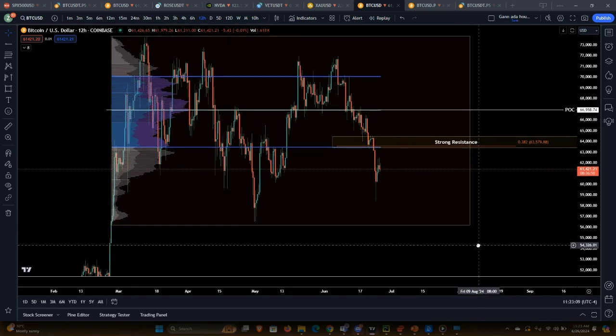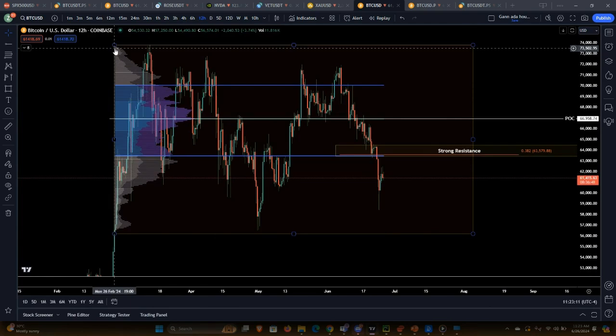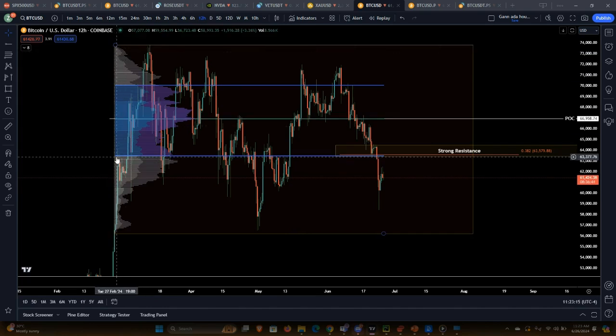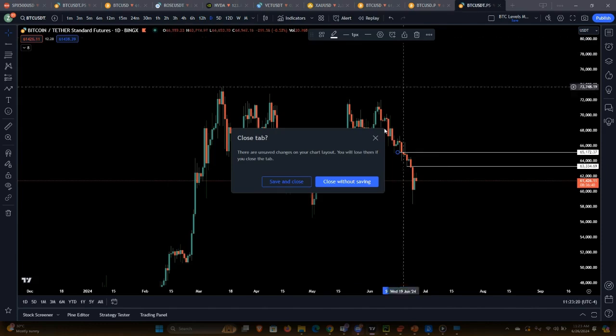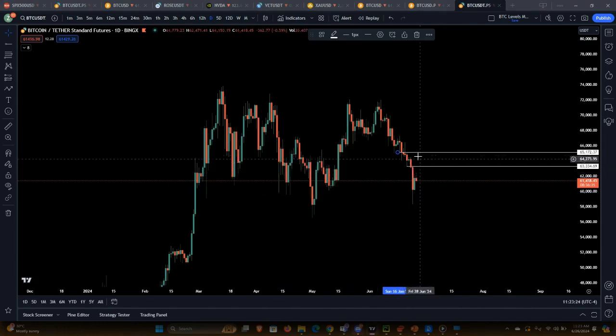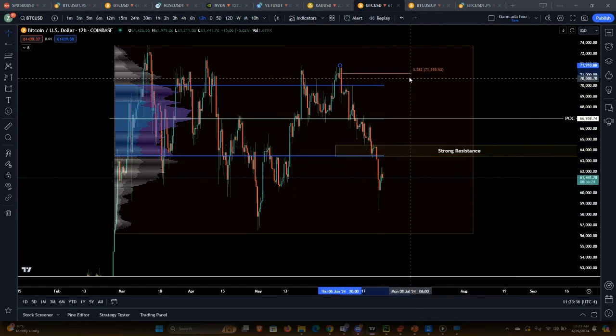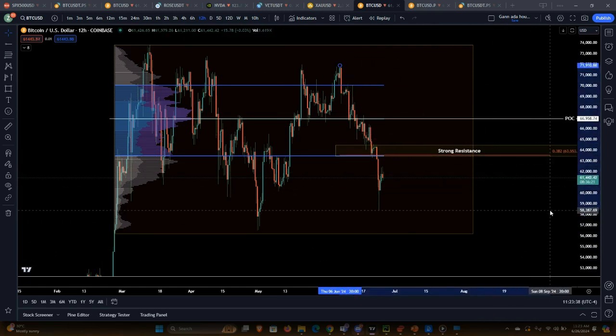So I have pulled this volume profile for this entire range that you see over here, and right around this zone that I was highlighting here, we have the value area low of this entire range, as well as the 0.382, the downward fib pull from this high to this low.